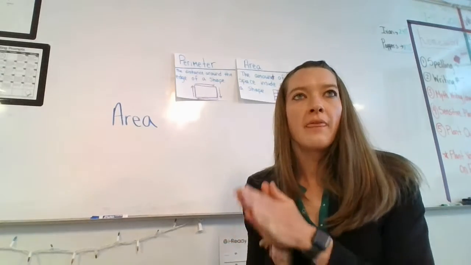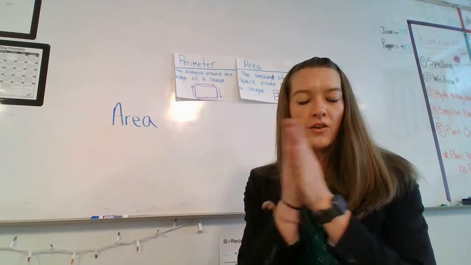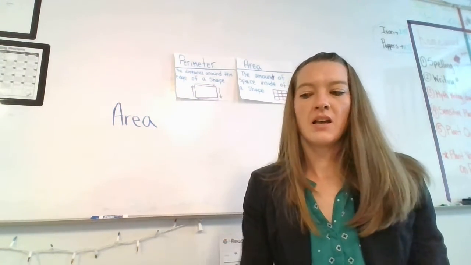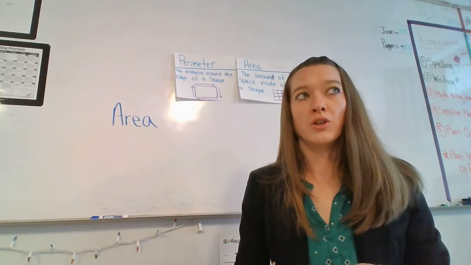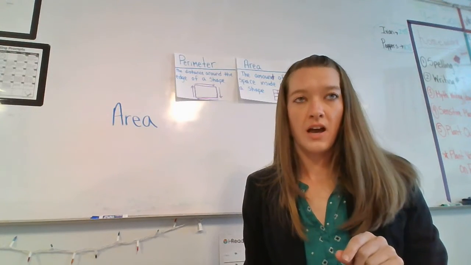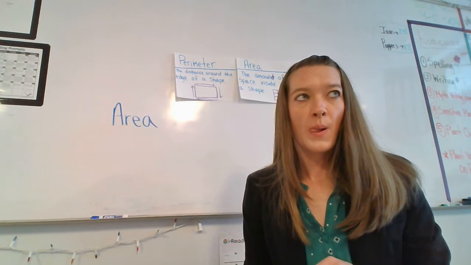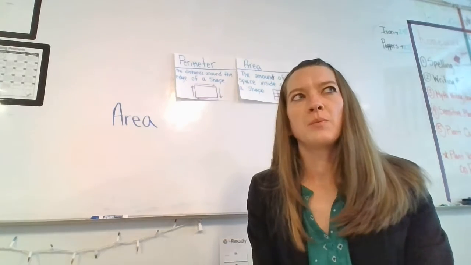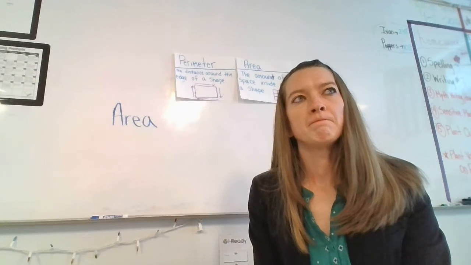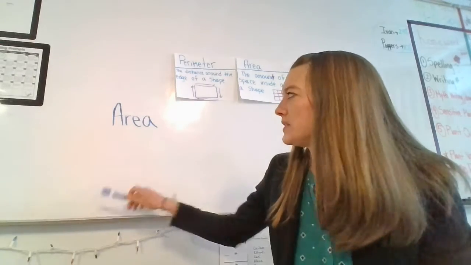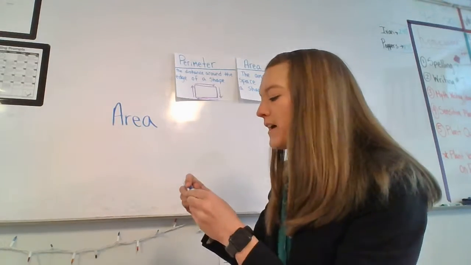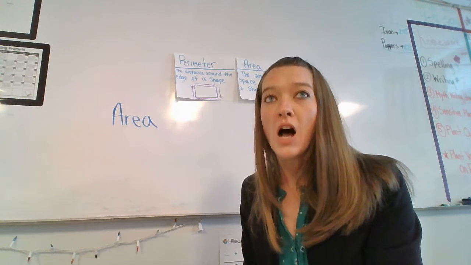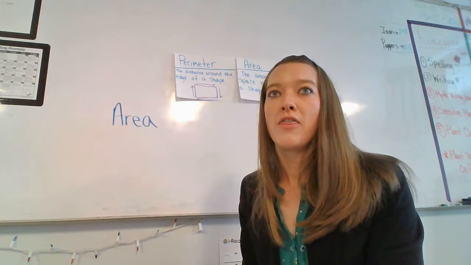Now, to find the perimeter, I'm going to add all of the amounts on the outside. Can anyone take a guess on what I would do if I were looking at the area instead? Not going to add, because that would be the same as perimeter. Okay, so this one's a little bit tricky. To find the area, you have to find the product of the outside.